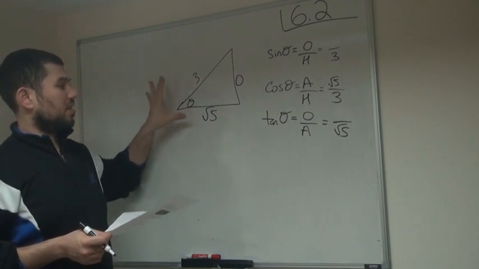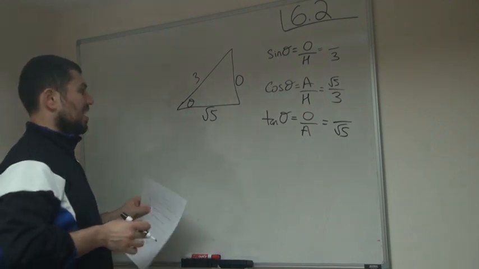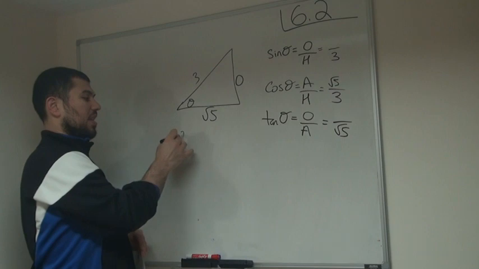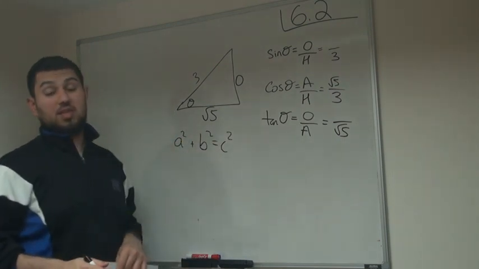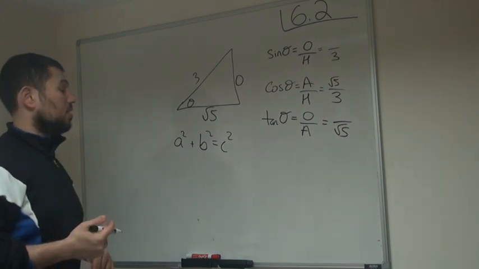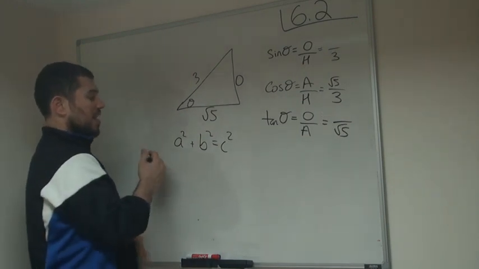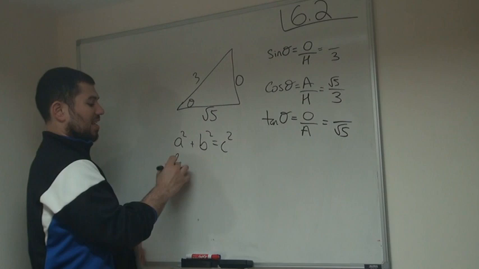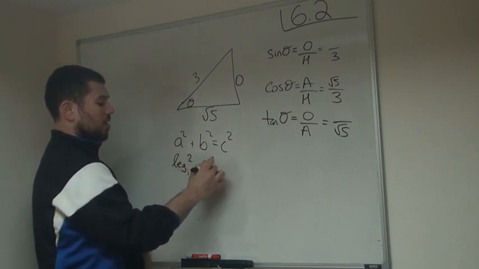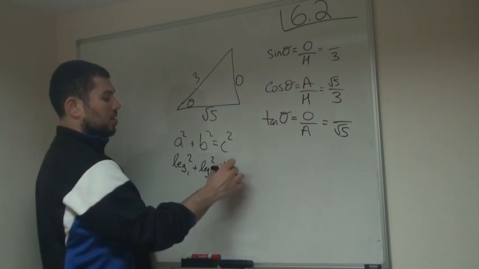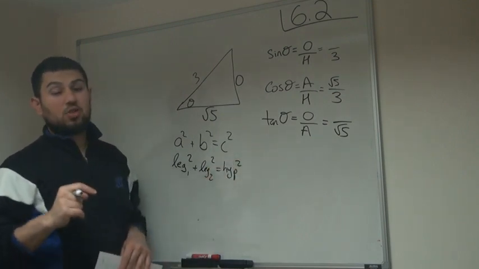The Pythagorean theorem tells you, and I hate it when people say a squared plus b squared equals c squared, because then I challenge them and say, where's a, where's b, and where's c? But really, the Pythagorean theorem says that leg 1 squared plus leg 2 squared equals the hypotenuse squared in a right triangle.